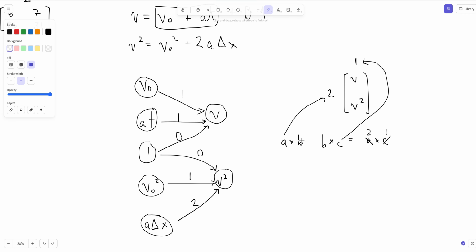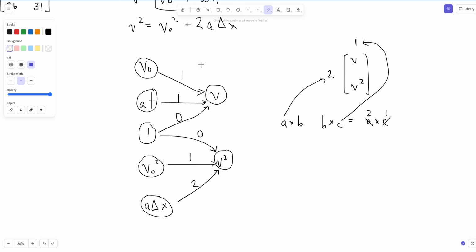So we need to construct our inputs in such a way that the first input has 2 rows and the second input has 1 column. Okay, so how are we going to do that? Well, we can see that we have 2 sets here of parameters, this 1, 1, 0, and this 0, 1, 2.